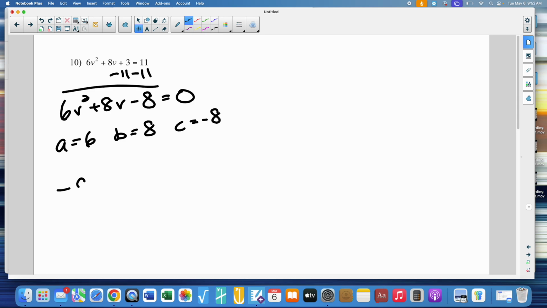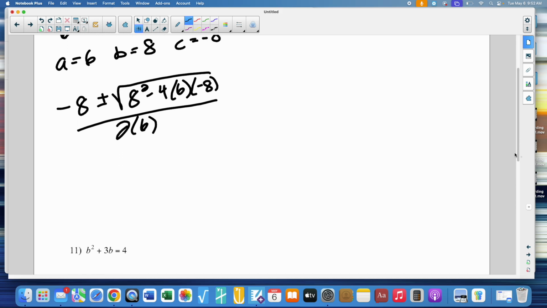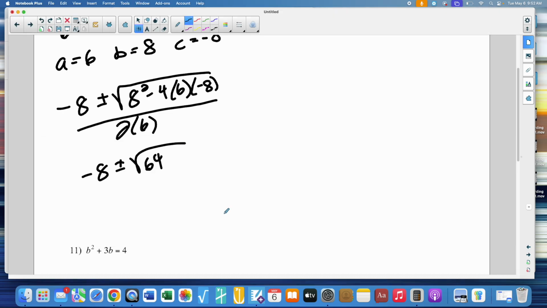So the opposite of B, plus or minus square root of B squared minus 4 times A times C, all over 2 times A. Negative 8 plus or minus, let's do the squared value, which is 64. Let's do the multiplication part, which is 24 times 8, which is 192.